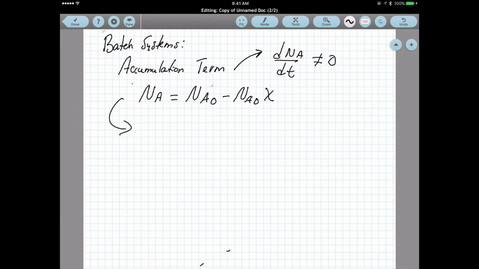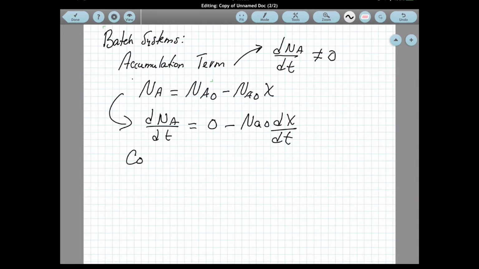we can then take this term and try to get the derivative form, with respect to time, and combining, we have the following. Remember that the sign is because we know that it's a reactant that is not being accumulated, it is being consumed.